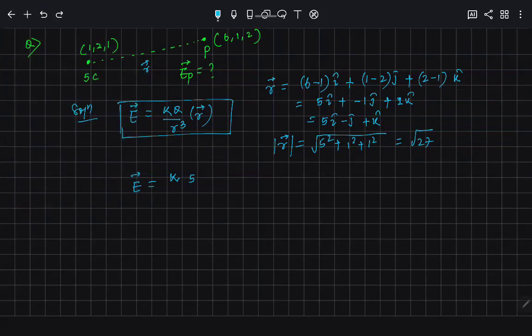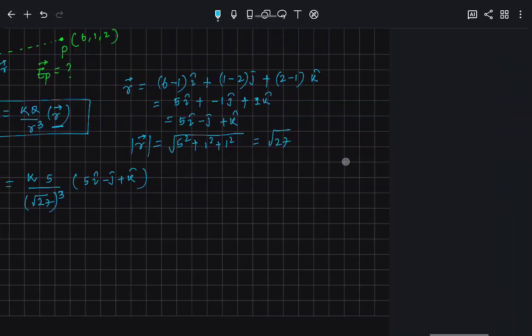So you just write 5 divided by r cube, that is root 27 whole cube, times the r vector, which is basically 5 i cap minus j cap plus k cap. So like that you can find. If this charge is negative here, you just have to put a minus sign here, right? That's what we have seen. Okay, clear? Like that you can find out.